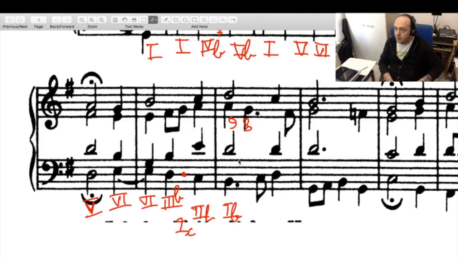Prepared appoggiatura, because that same note is sounded in the previous chord as a chord tone. So that A belongs to the chord. If it was tied, it would have been a suspension. That's not tied, it's sounded again, and it's a prepared appoggiatura. 9/8 in relation to the root of the chord.